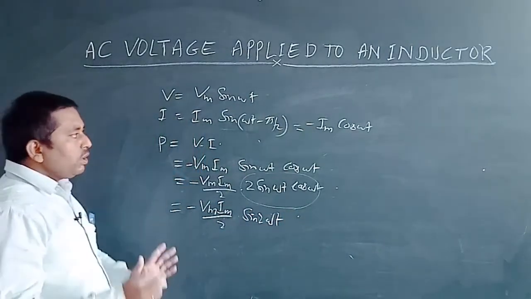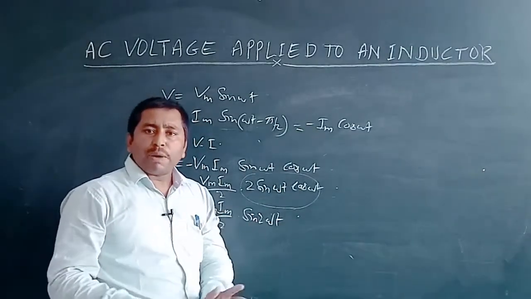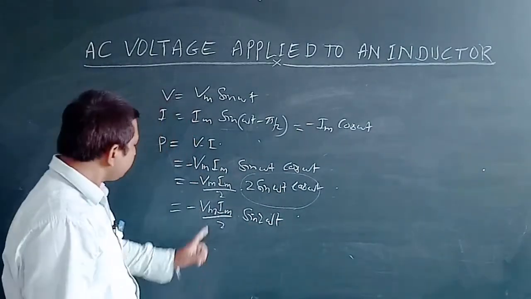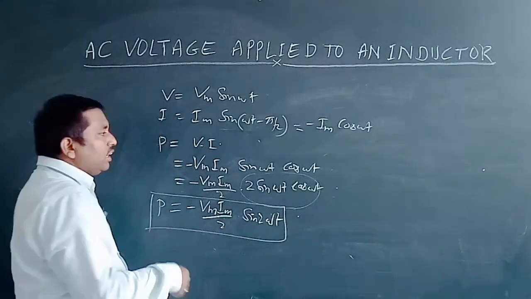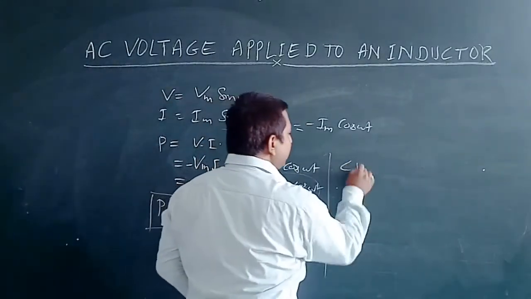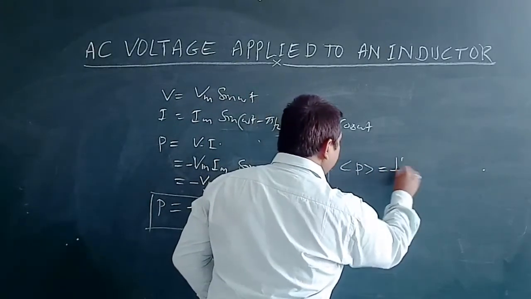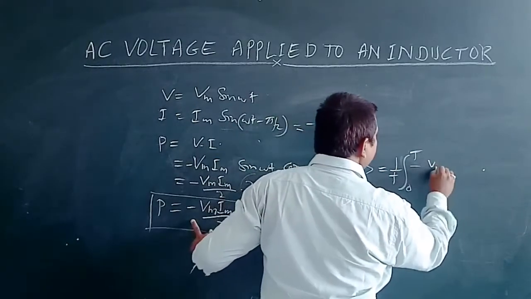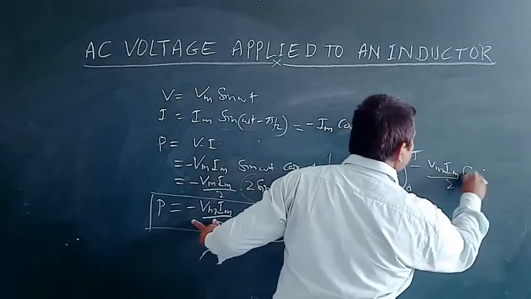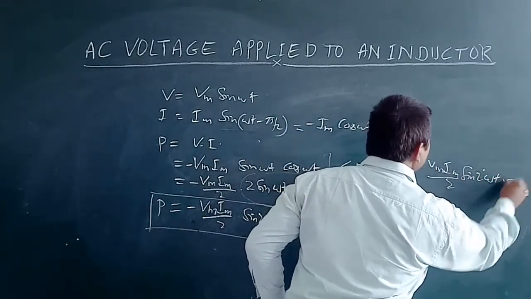So if we find out what will be the average power loss in one complete cycle, this is the instantaneous power loss. In one complete cycle the average power loss will be equal to 1 by T integration 0 to T of minus Vm Im by 2 sine of twice omega t dot dt.